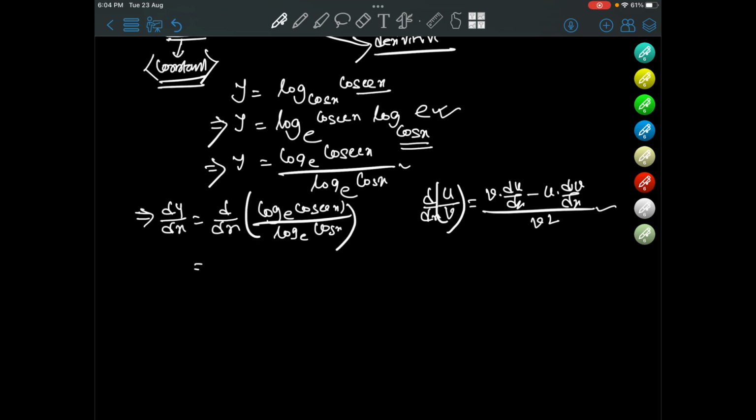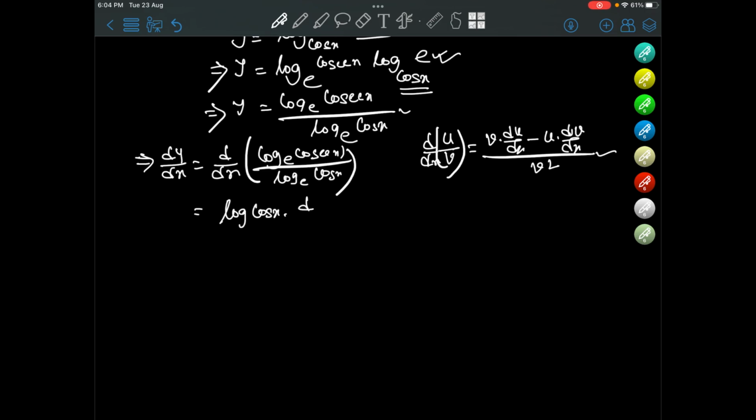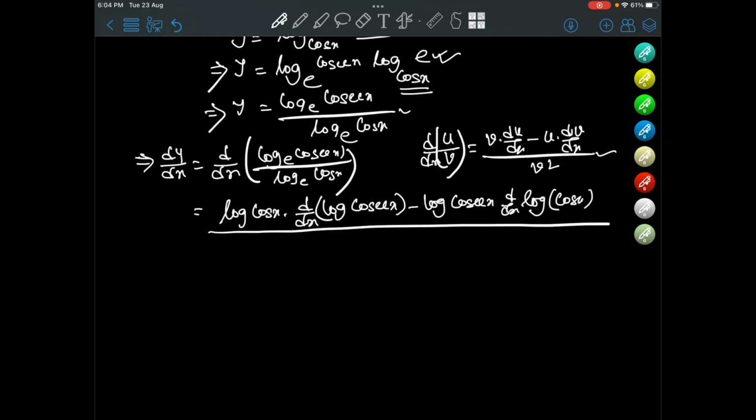This is the same formula we will apply in this problem. So log of cos x into d/dx of log of cosec x, minus log of cosec x into d/dx of log of cos x, divided by log of cos x whole square.